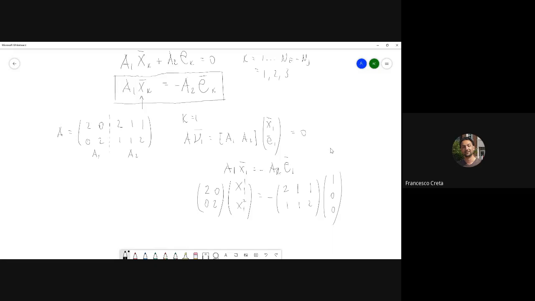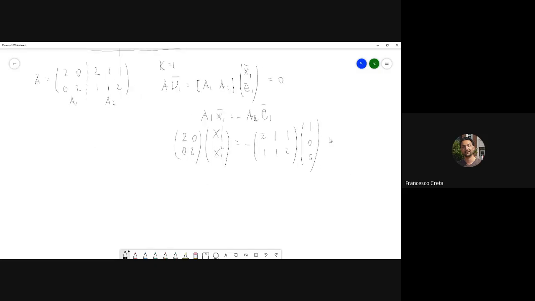This is clearly a straightforward system in these two unknowns, and you can solve it yourself.